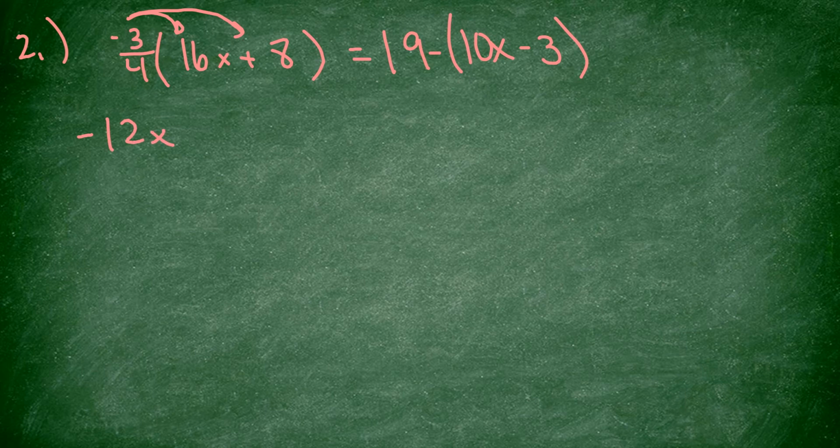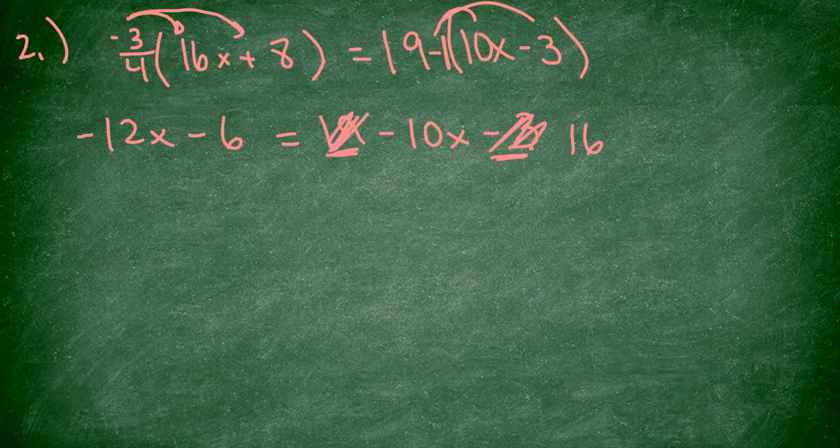Negative 3/4 times 8 is going to become minus 6. Now with this part, remember, there's a negative 1 here. That's the pizza delivery guy. 19 is not the pizza delivery guy, so 19 is just kind of hanging out. We have minus 10x, minus 3. Now I'm going to put 19 and negative 3 together, and they're going to turn into just 16.